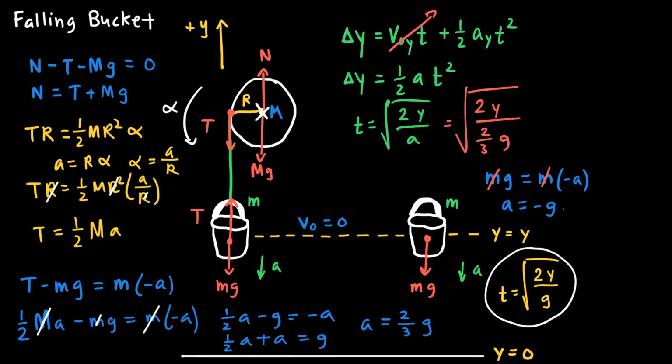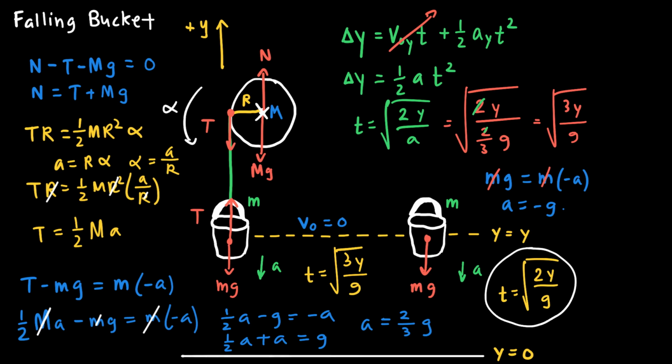And so we should see that those 2's are going to cancel, and the 3 is going to come up to the numerator. So I have the square root of 3y over g. And so for the bucket on the left, the time equation is the square root of 3y over g, whereas for the bucket on the right, it was the square root of 2y over g.